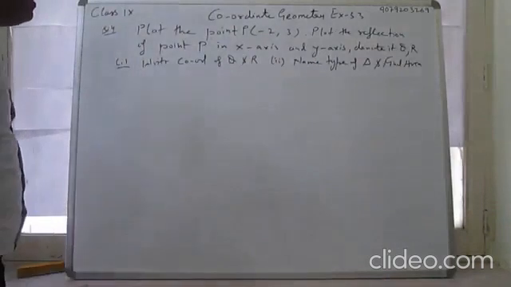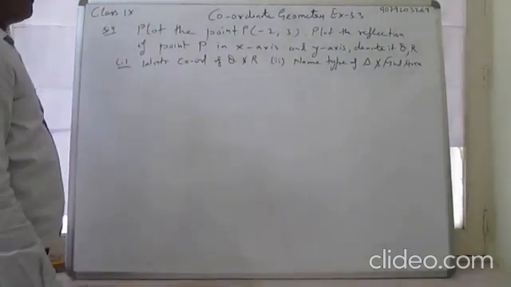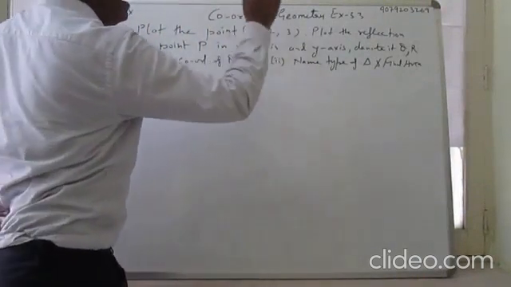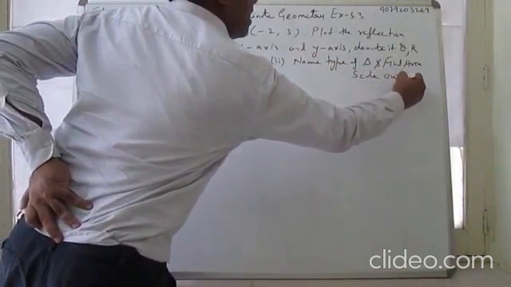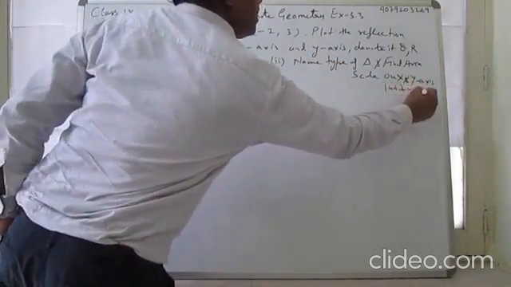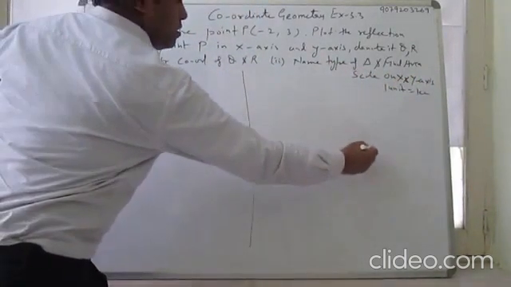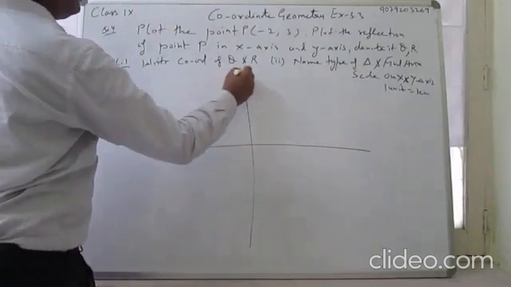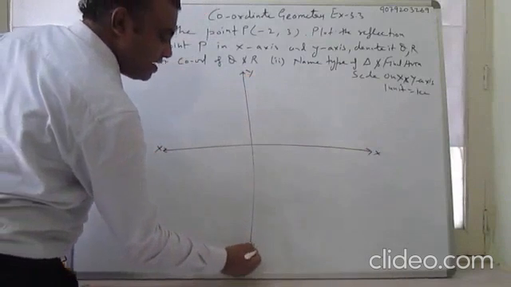Now see here. First we draw a Cartesian plane and take the scale on the x-axis and y-axis: 1 unit is equal to 1 centimeter. This is the y-axis, this is the x-axis, this is the negative x-axis, this is the negative y-axis.